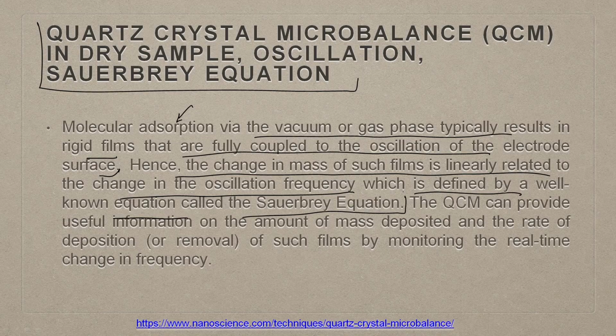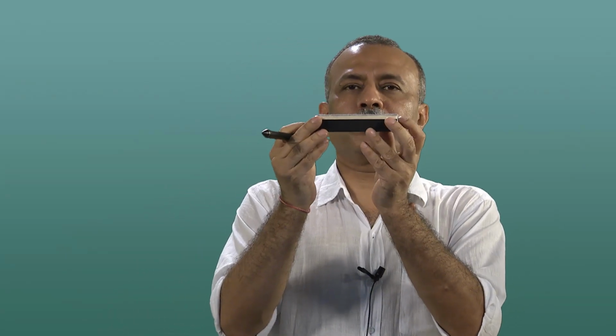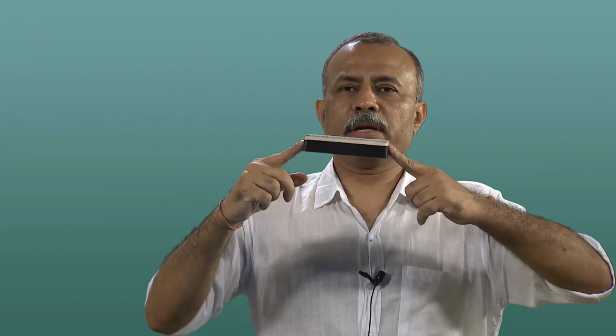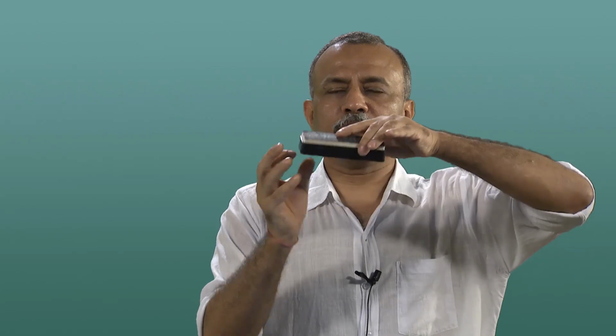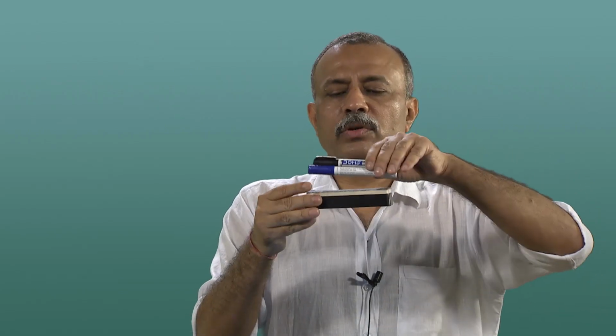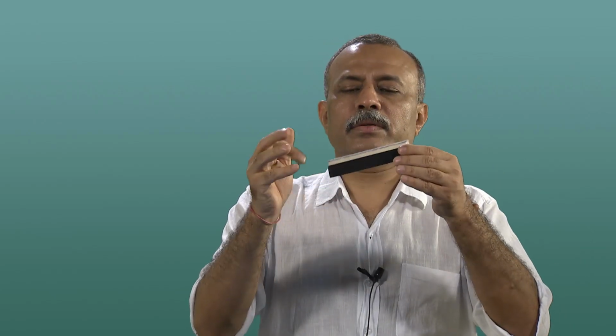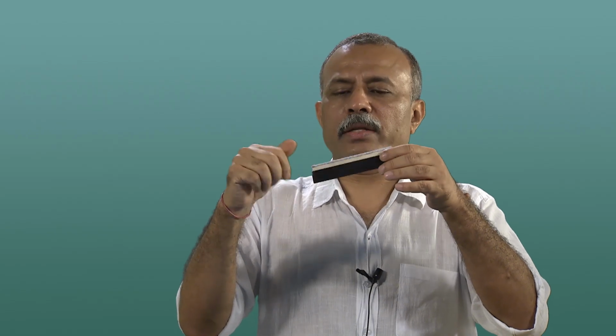What does that mean? Say, for example, here you have a quartz crystal and this is vibrating at its natural frequency. Now, say I put a mass. Suppose this is moving like this at a natural frequency.